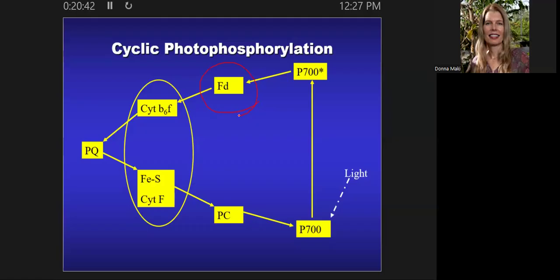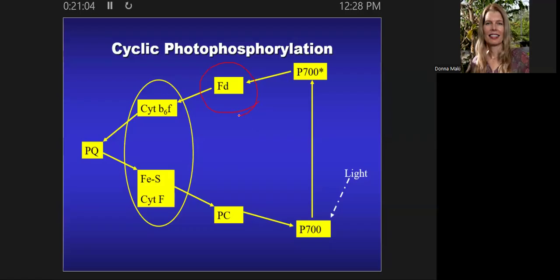The FNR is not a player here. Ferredoxin gets the electron, and instead of turning to FNR and saying, here, take this and give it to NADP plus, it turns around and goes back into a circular flow, where the electron flow comes back into cytochrome b6f, and then back to PQ.